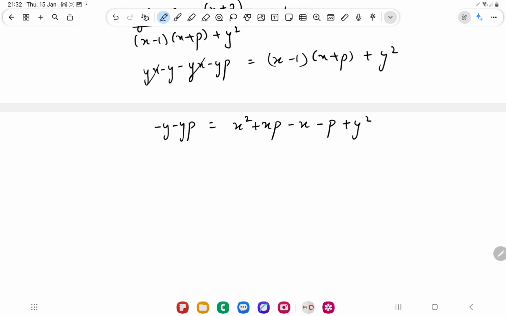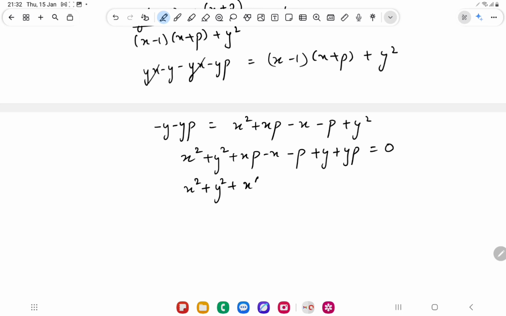I will bring everything to the right hand side. So I get x square plus y square plus xp minus x minus p plus y plus yp is equal to 0. Now I can take x common, so that will be p minus 1, plus I can take y common from these two, 1 plus p, and I am left with minus p, that is equal to 0.